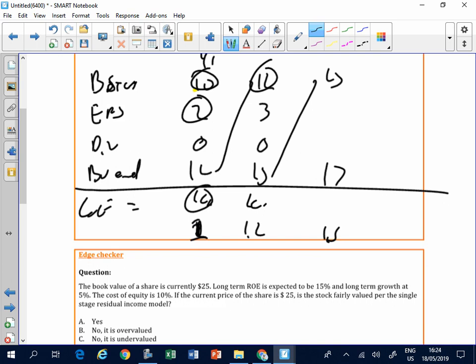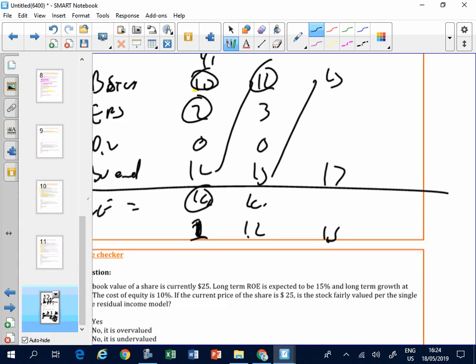You need to remember to take off the beginning book value of that thing, because it shouldn't be reflected in that. And discount it back. That's residual income in a nutshell.